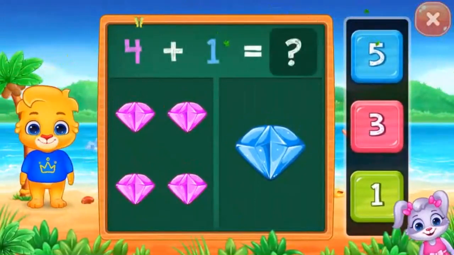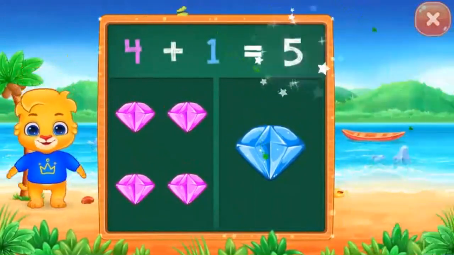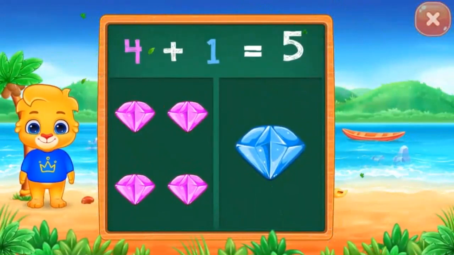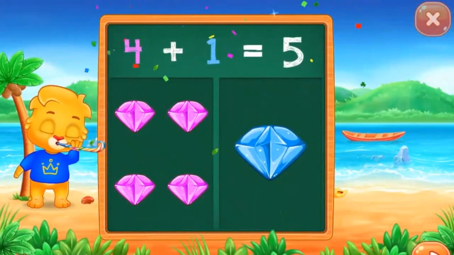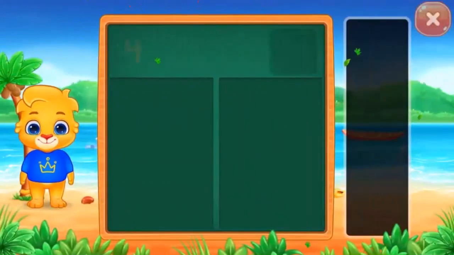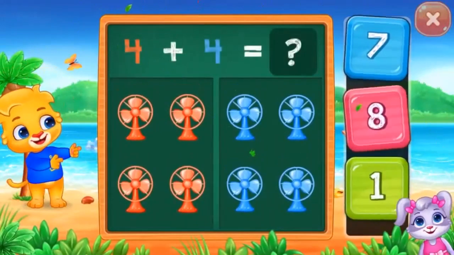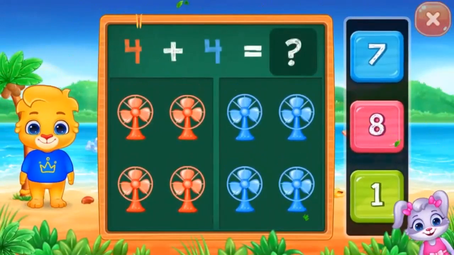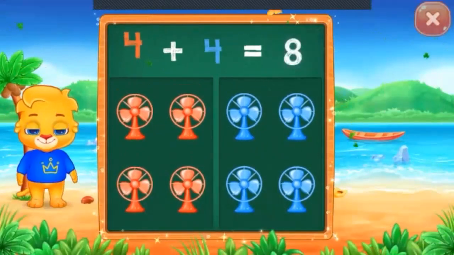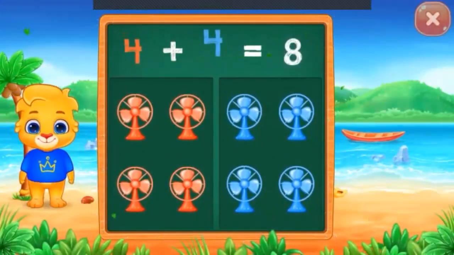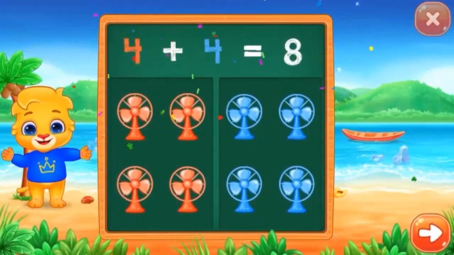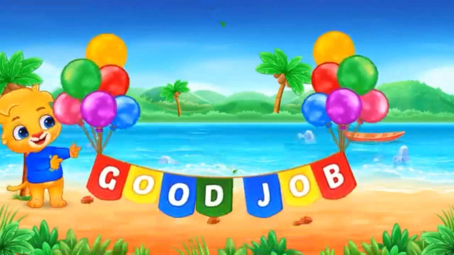Diamonds! 5! Woohoo! 4 plus 1 equals 5. Pan! 8! Woohoo! 4 plus 4 equals Good job!